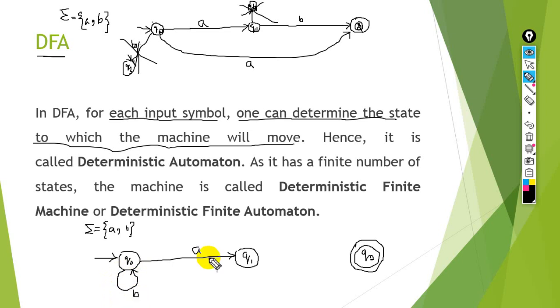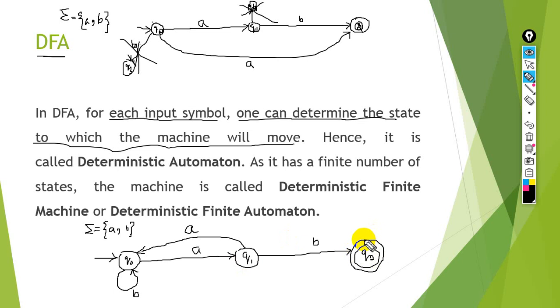So this is a loop. For example, here we have transition B, and here we have transition A toward Q naught or Q0. The purpose was that every state should have a transition on A and a transition on B. Right.